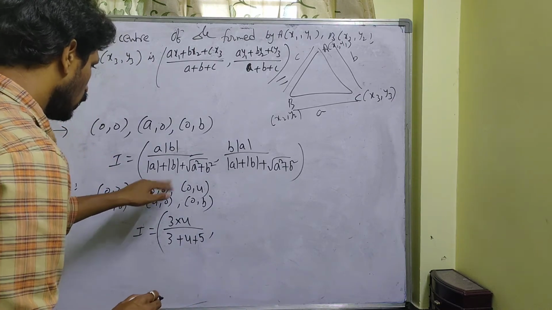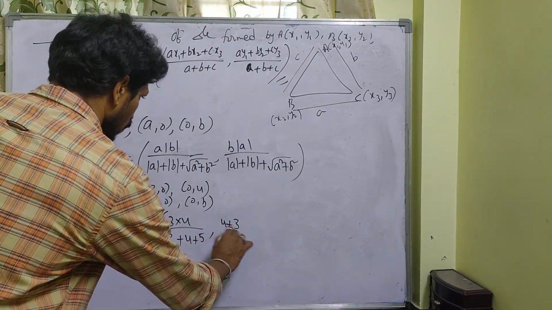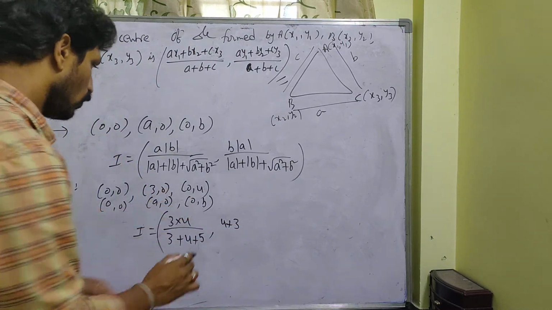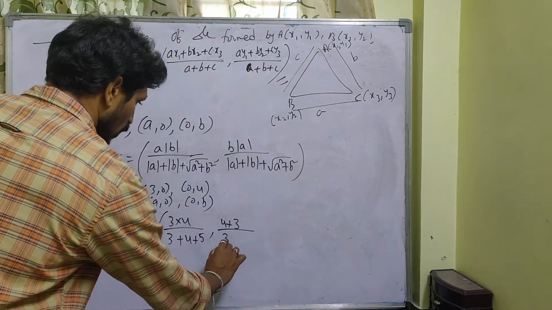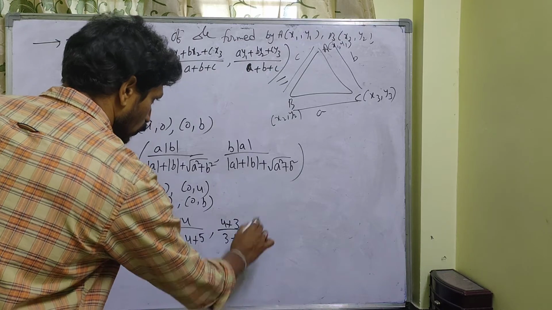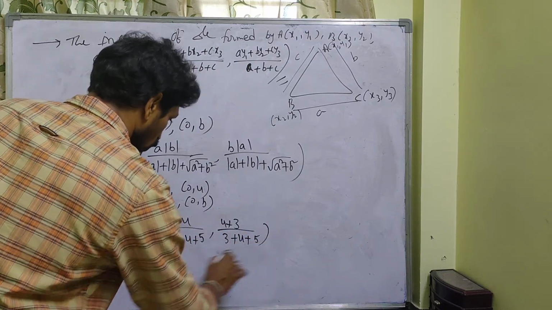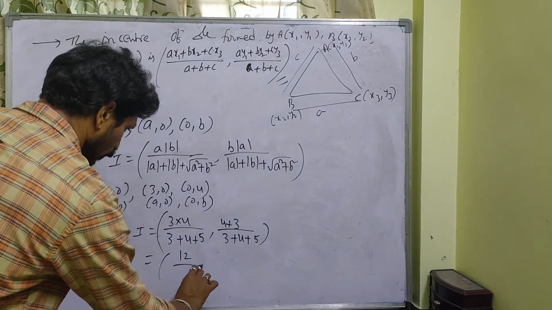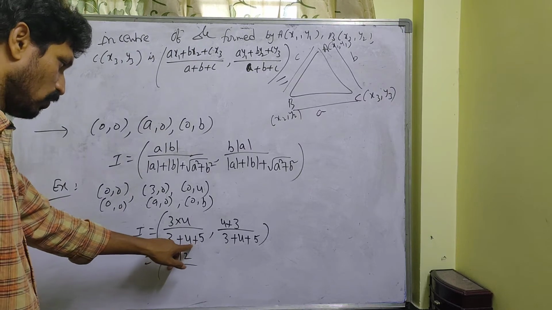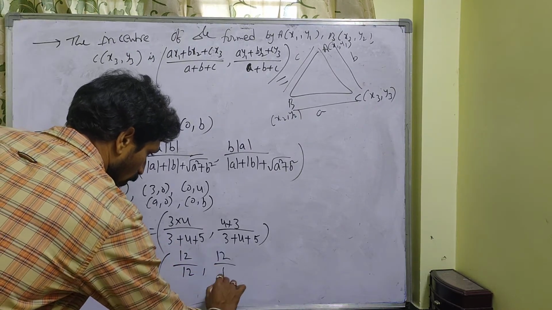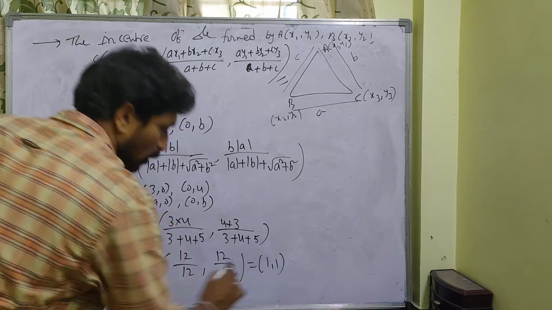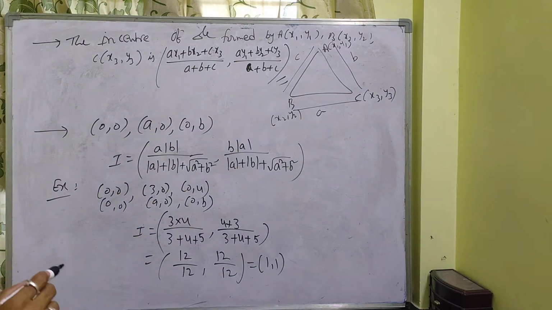Next, again 4 into mod 3, that means 3, mod 4 is 4, plus root over A square plus B square, again 5 only. So this is nothing but 12 by 5 plus 4, 9, 9 plus 3, 12, comma, this is also 12 by 12. This is nothing but 1, 1 is the incenter.